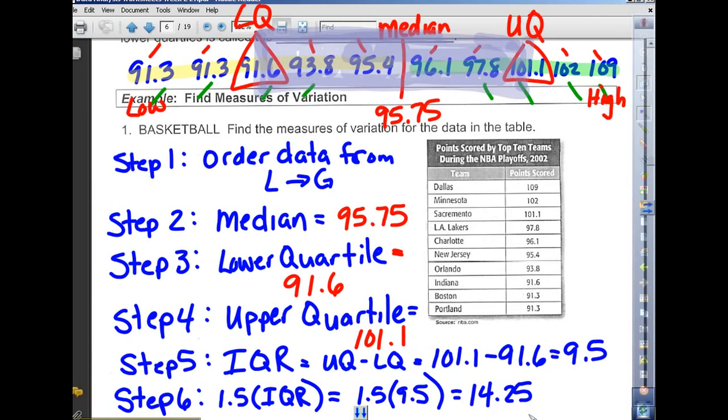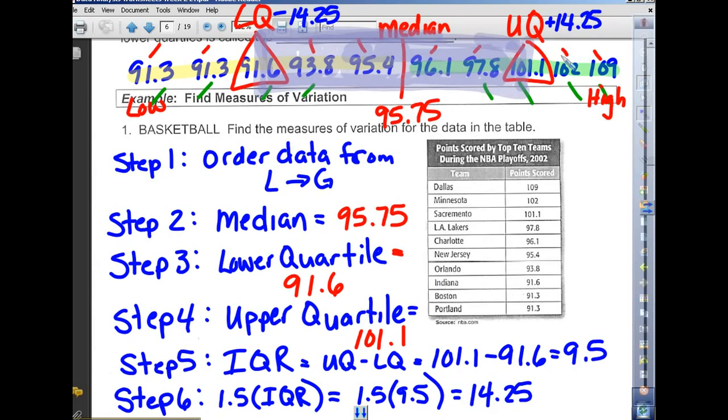What you do next is you're going to add 14.25 to your upper quartile, and you're also going to subtract that 14.25 from your lower quartile.